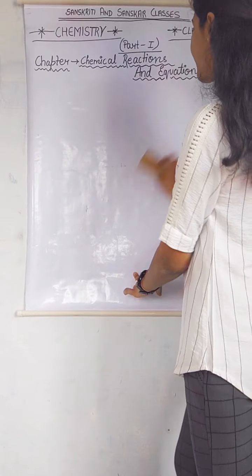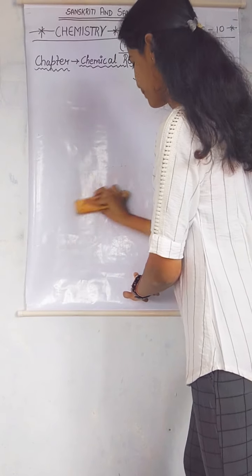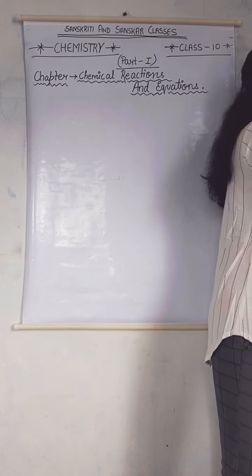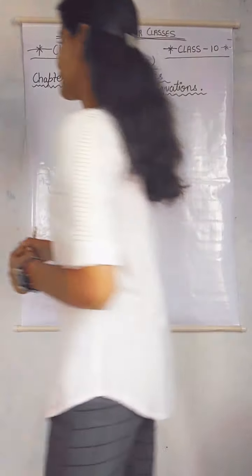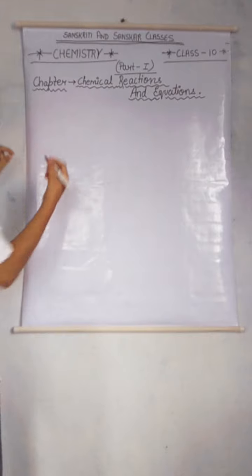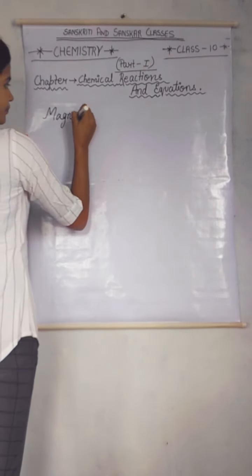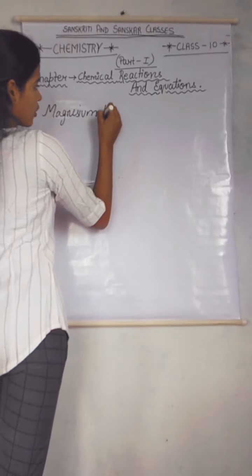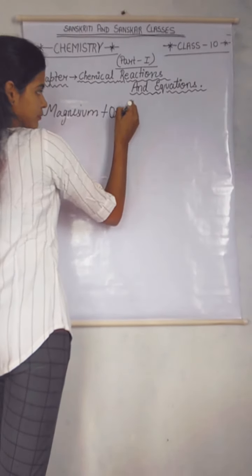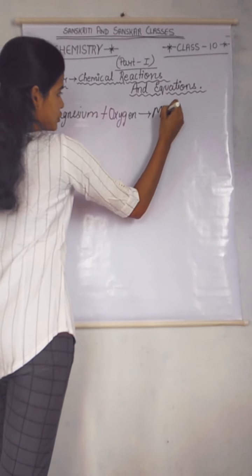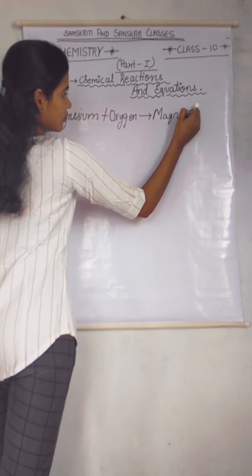Now we come to chemical equations. The word equation can also be written in a simpler form, by putting formulas. What was the equation? Magnesium plus oxygen gives magnesium oxide.